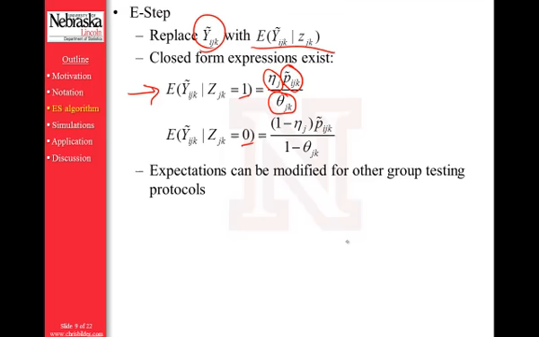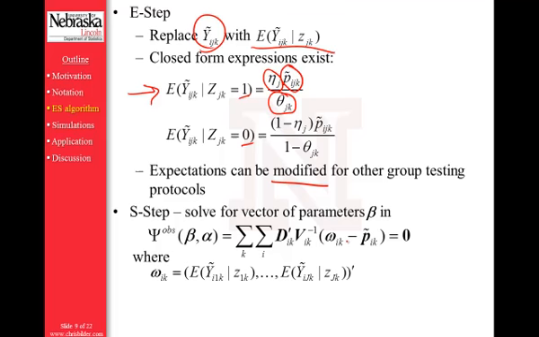Now, what happens if you have other kinds of group testing protocols where you not only observe the initial group responses, but maybe also observe retests? I will discuss how to handle those situations at the end of my talk, and basically it just involves a modification of these expected values.